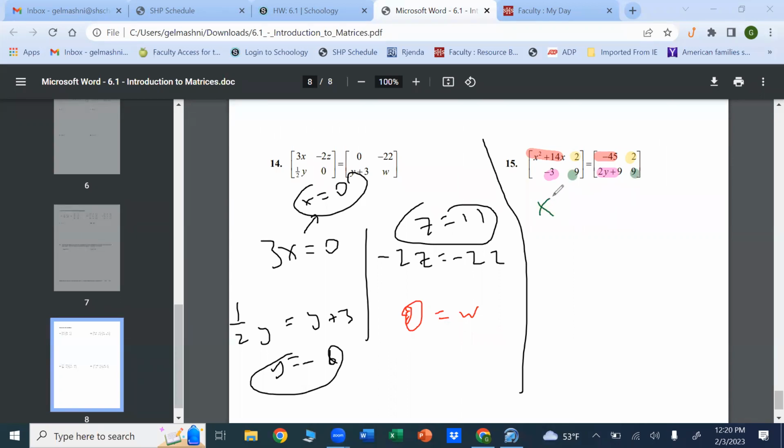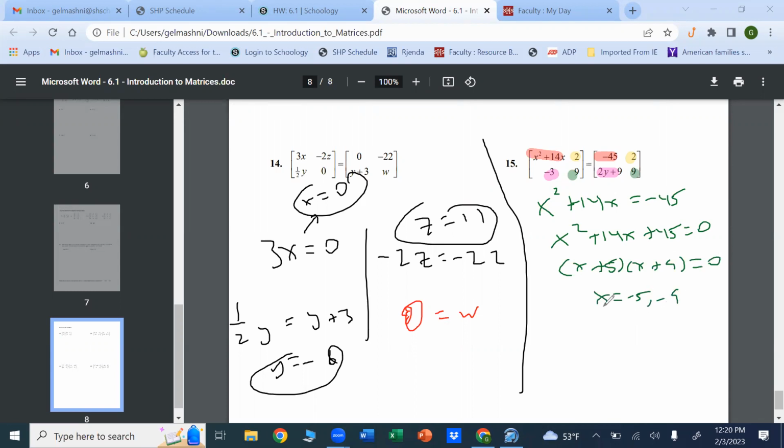Yeah, because it's a quadratic. To x plus 5 and x plus 9. And of course, y. Y should be -6, I believe. Yep, good.